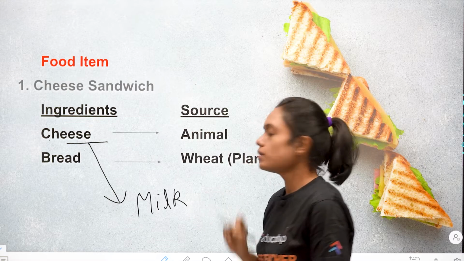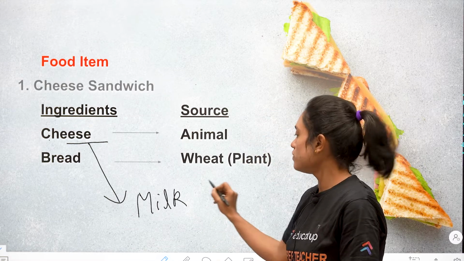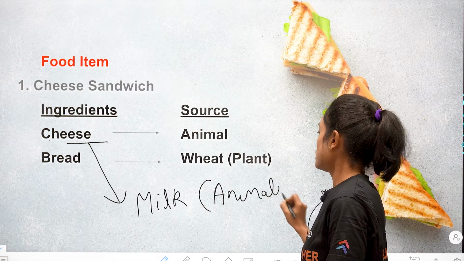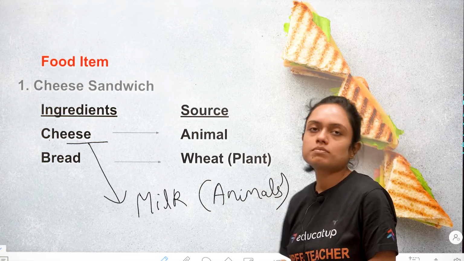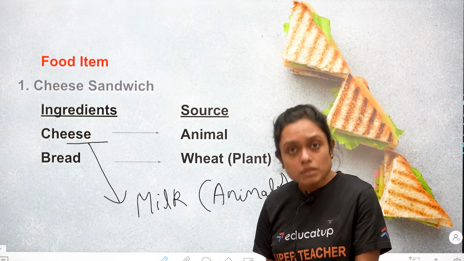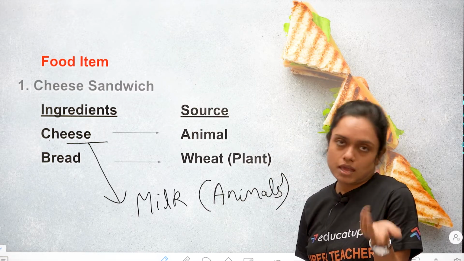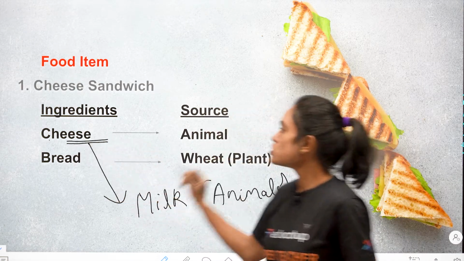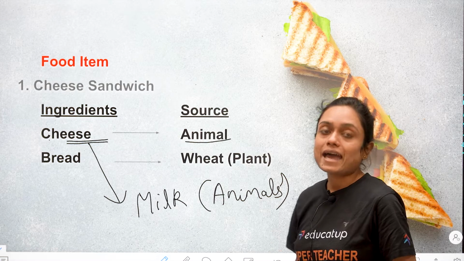Cheese is made from milk, and milk we always get from animals. There are many animals who provide us with milk, like cow, buffalo, goat, camel. So there are many animals which provide us with milk. So that is why the source of this ingredient is animals.